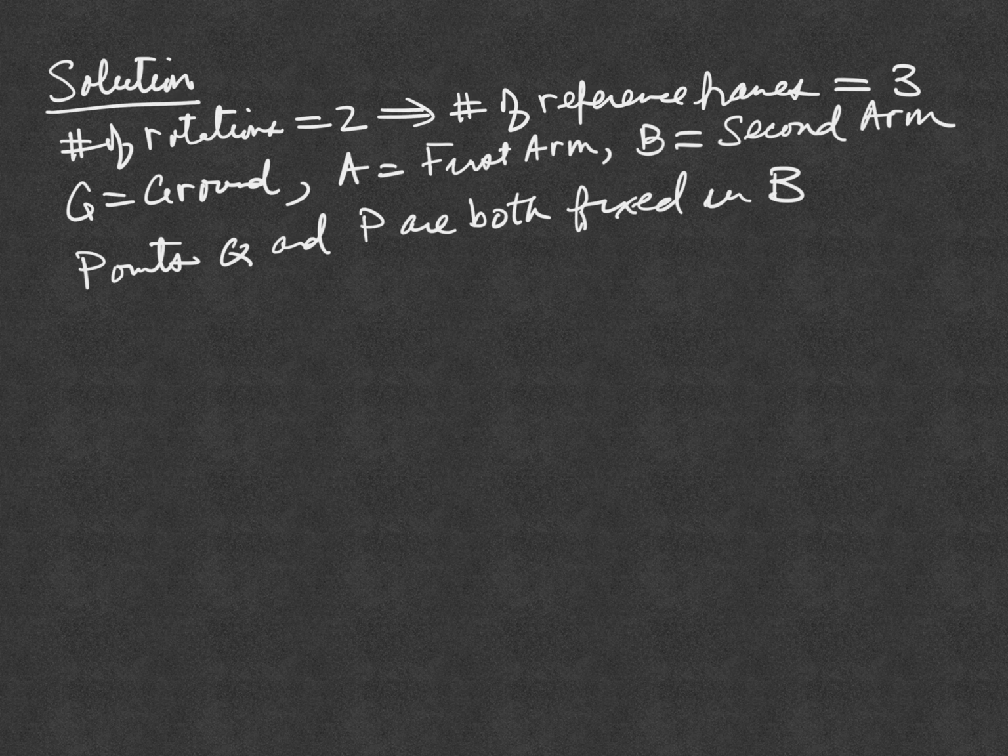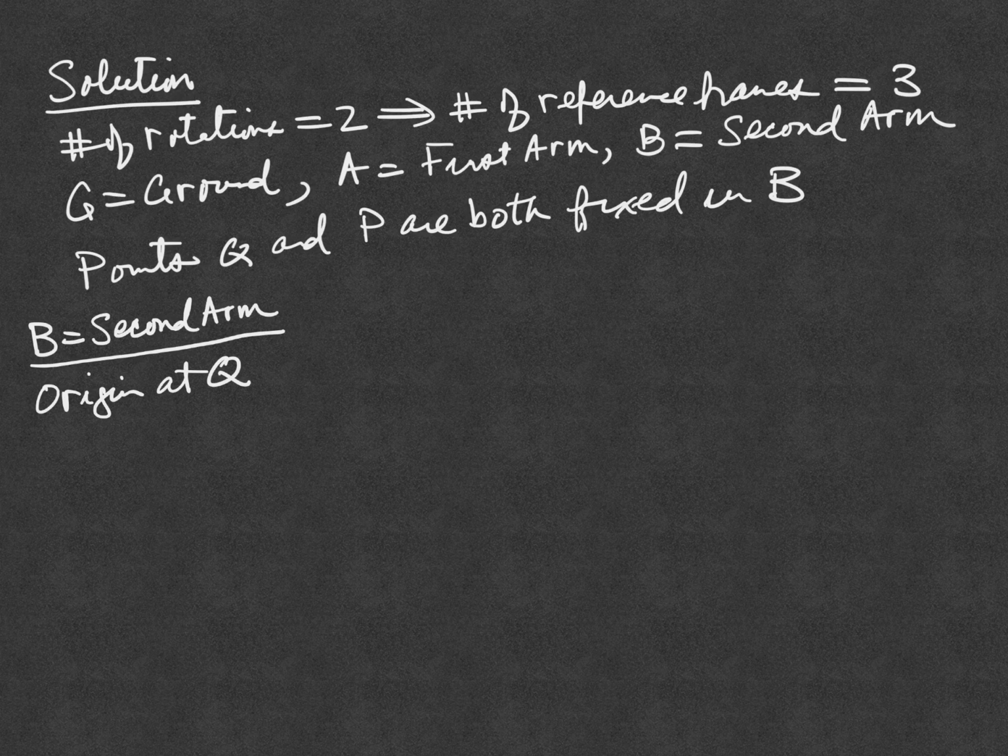So let's write down now the 3 coordinate systems that are associated with these 3 frames, working our way backward, starting with B, which is the second arm. The origin of this coordinate system is going to be at Q, because the origin of the coordinate system has to be fixed in the reference frame in which we're describing, so the origin has to be fixed in the second arm.